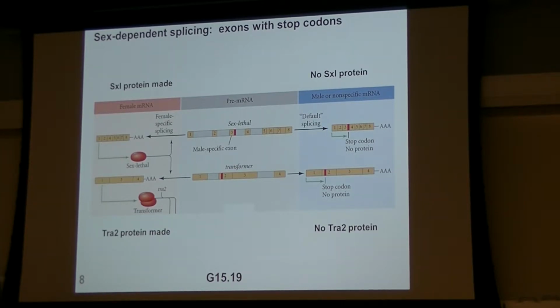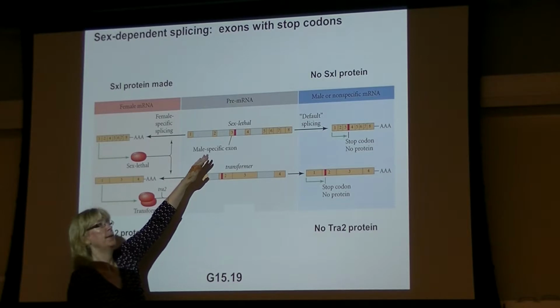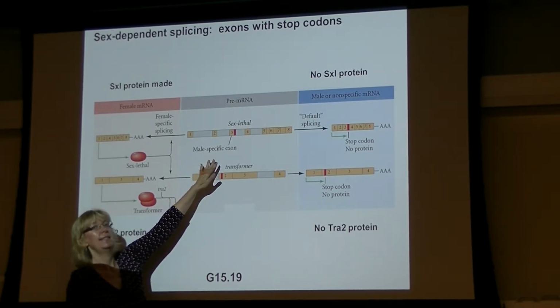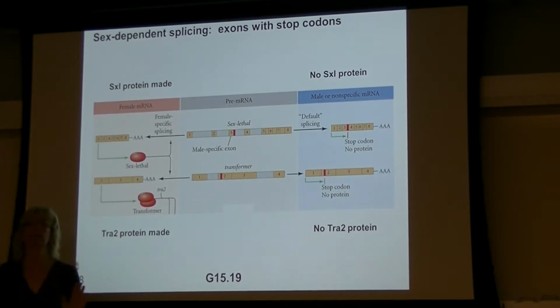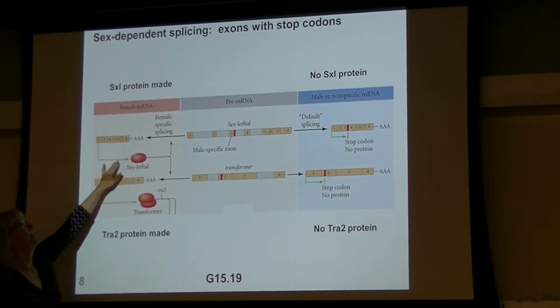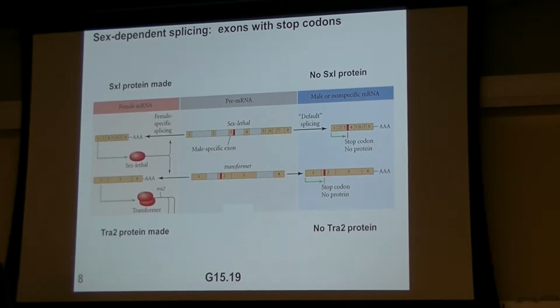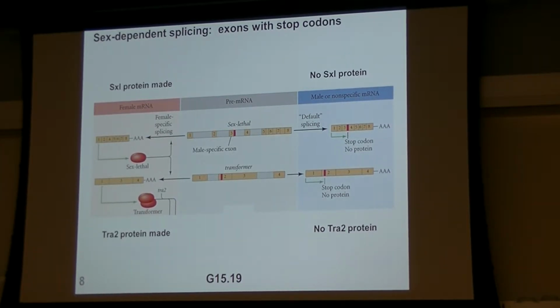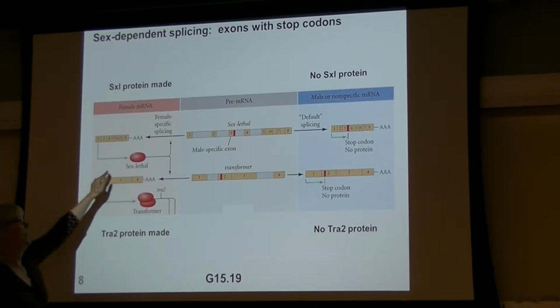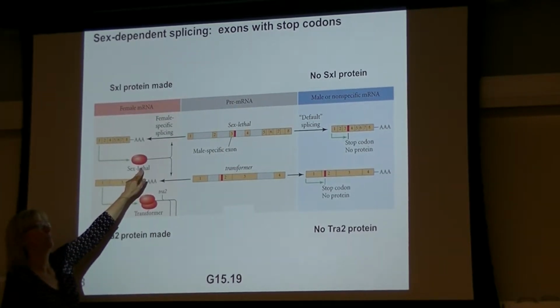In the case of a female, this Sex lethal pre-mRNA is going to be spliced such that exon 3 is not included. So we go ahead and make a nice 1, 2, 4, 5, 6, 7, 8 mRNA, and then that can translate to make a functional Sex lethal protein.